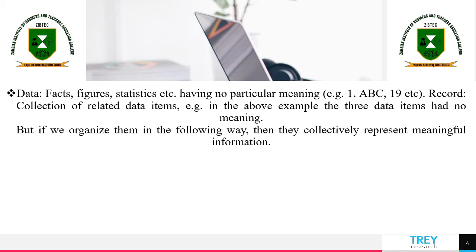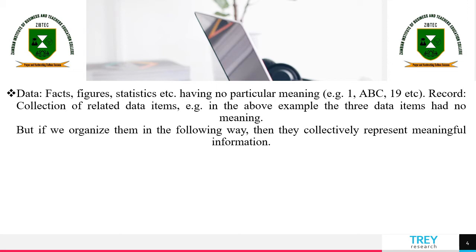Now the definition of a record: a collection of related data items. For example, in the above example, the three data items had no meaning. Like I said earlier, the 1, the three letters, and the 19 have no meaning.